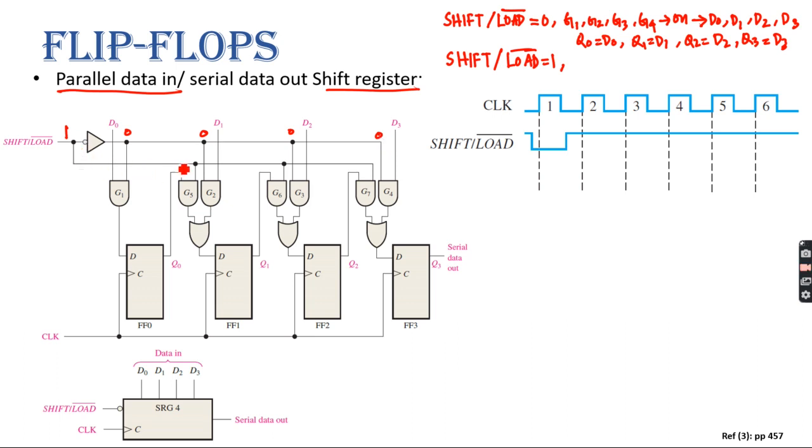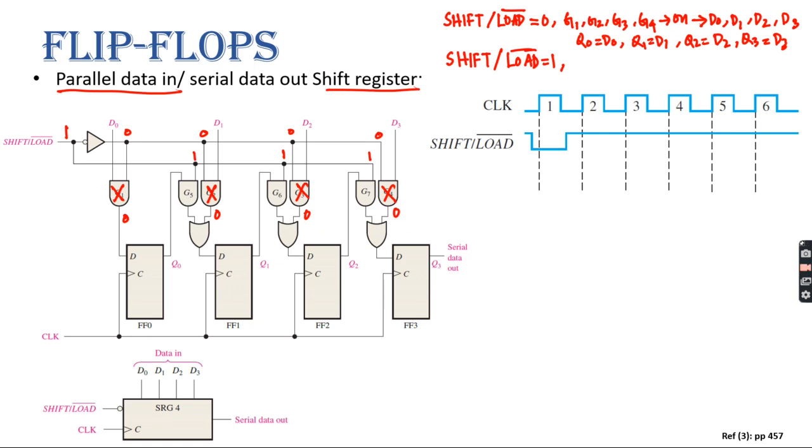And since this is 1, this will become 1, this will become 1, and this will become 1, right? Now since G1, G2, G3, and G4 have one input that is 0, the output of this AND gate will be 0, right? Yes, sir. Meaning you cannot put data from outside into this flip-flop, right?